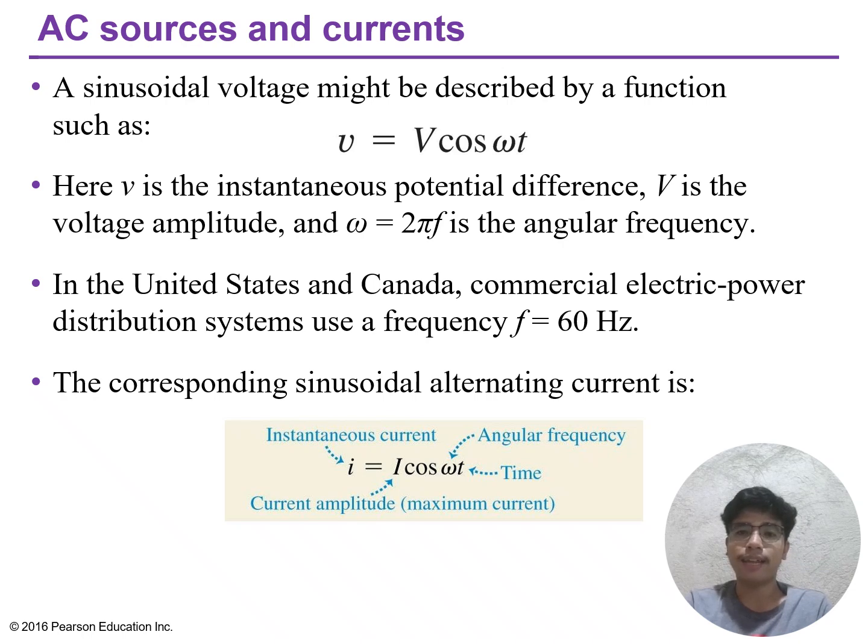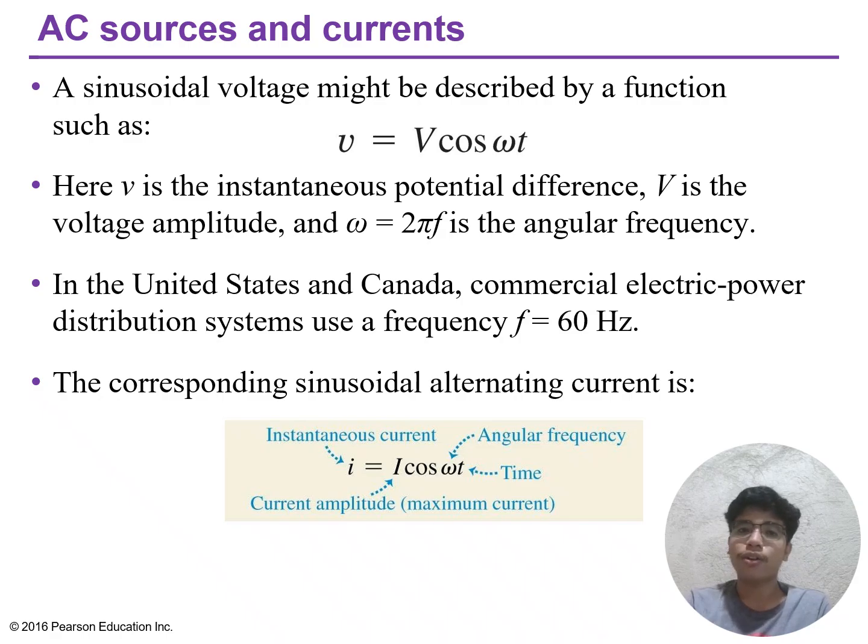In the United States and Canada, commercial electric power distribution systems operate at a frequency f of 60 Hz, meaning the voltage oscillates 60 complete cycles per second.